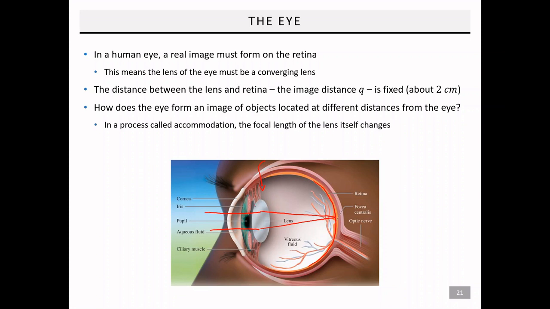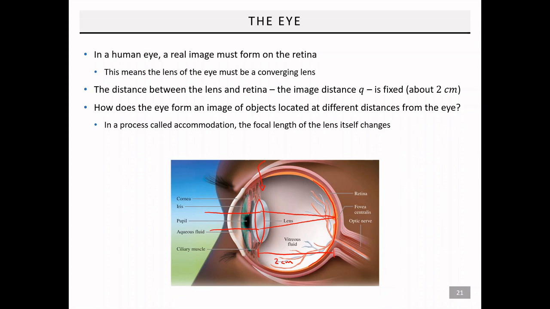Because of this, the lens in the human eye has to be a converging lens. For most people, the distance between the lens and the retina is about 2 centimeters, and this distance is fixed.